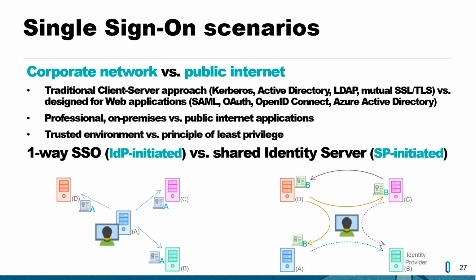A second very common distinction that we make when you implement single sign-on is between what I call one-way single sign-on, where you have typically a central application or a portal application where you start, you log in and you start doing your work, and from there on go to other applications.